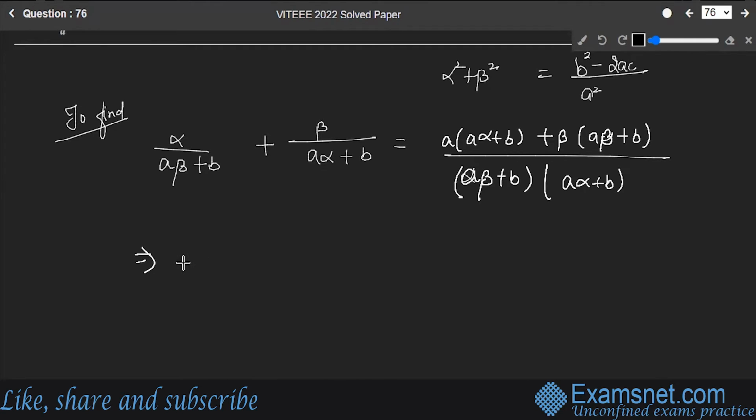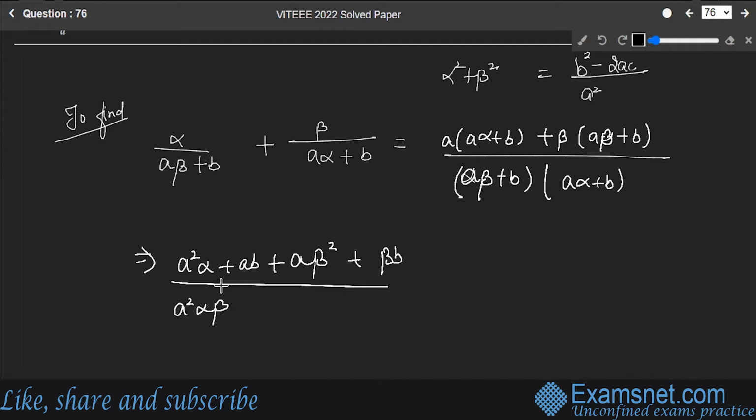So let's open it up. You will have A alpha square plus AB alpha plus A beta square plus B into beta, whole divided by the denominator. I'll not touch the denominator for now. Okay, let's open the denominator as well. So this will be A square alpha beta plus AB beta plus AB alpha plus B square.